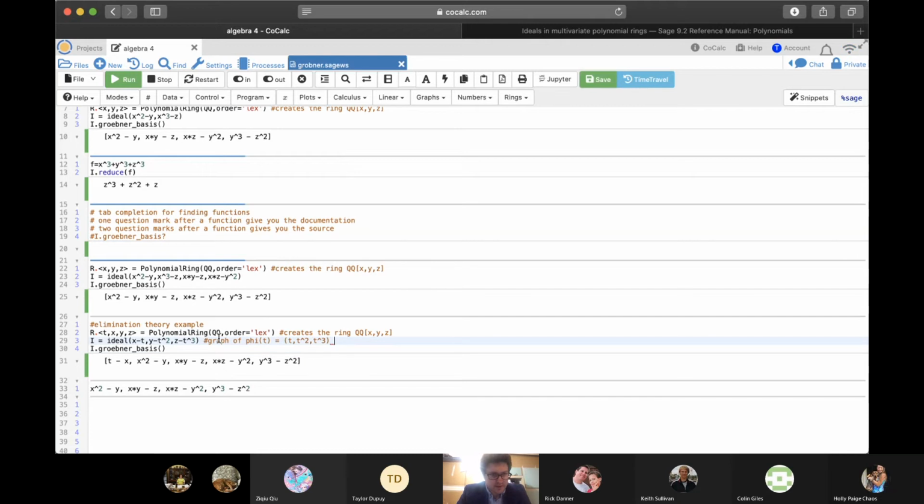So this is a subset of A4. The ordering needs to be so that t is bigger than x is bigger than y is bigger than z. The variable that we want to eliminate is first.